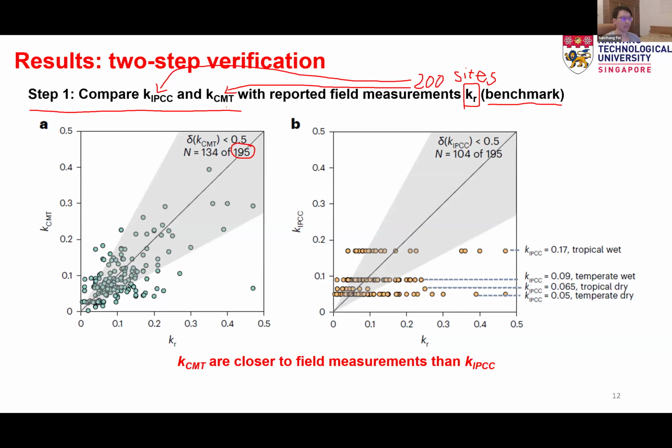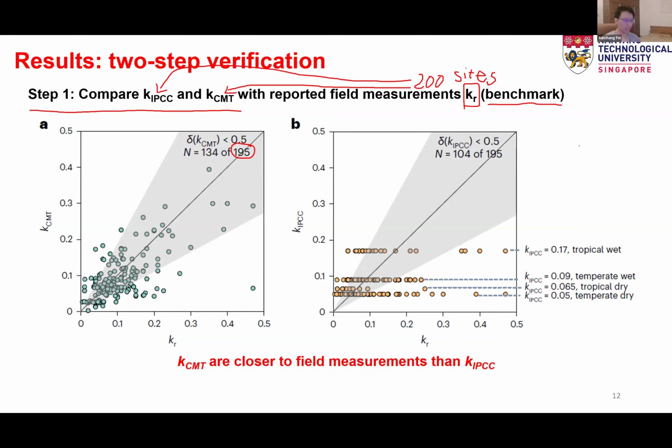So now we have 200 benchmark values, KR, 200 KIPCC, 200 KCMT. Then we compare them. Obviously, eventually we want to show that our KCMT values are more precise, more accurate than the KIPCC values, the default values.